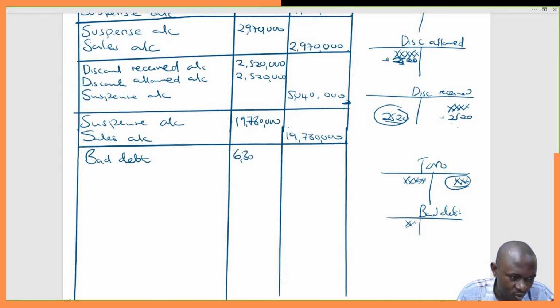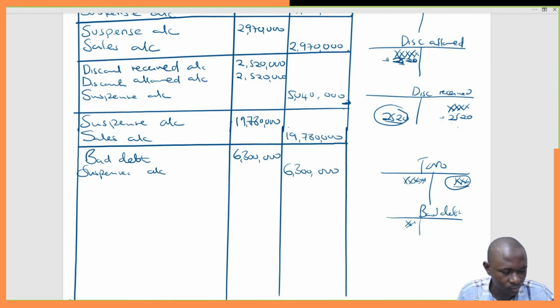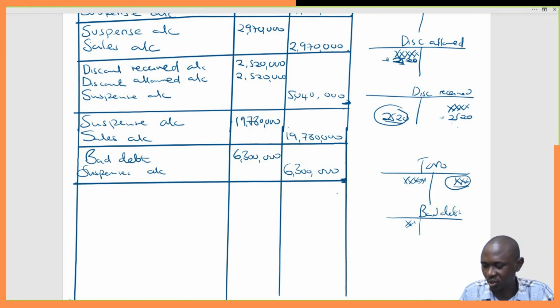This is 6.3, like that, and then the suspense account, because the other account was gotten right. It was actually posted to the customer's account, except the bad debt. So that explains the difference in the trial balance, and so we credit the suspense account as we correct that particular bad debt account. So again, as usual, close.